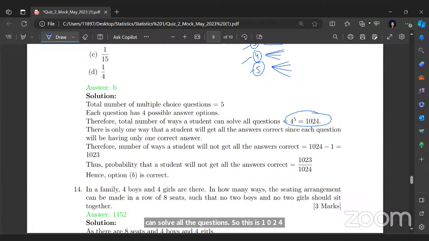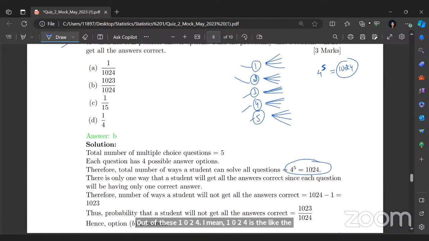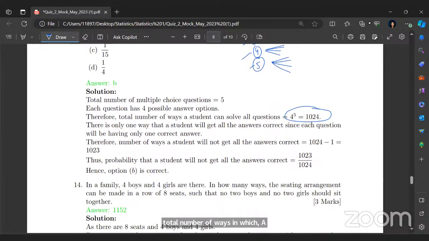And out of these 1024, which is the total number of ways in which a student can solve all the questions, there is only one possibility that the student will get all the answers right.